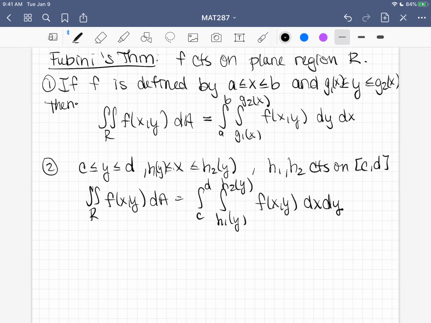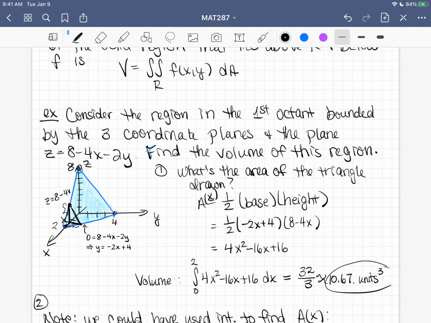Okay, so looking back at our example, let me actually flip the page. I'm going to look back at this picture. My region R of integration is down here in the xy plane.